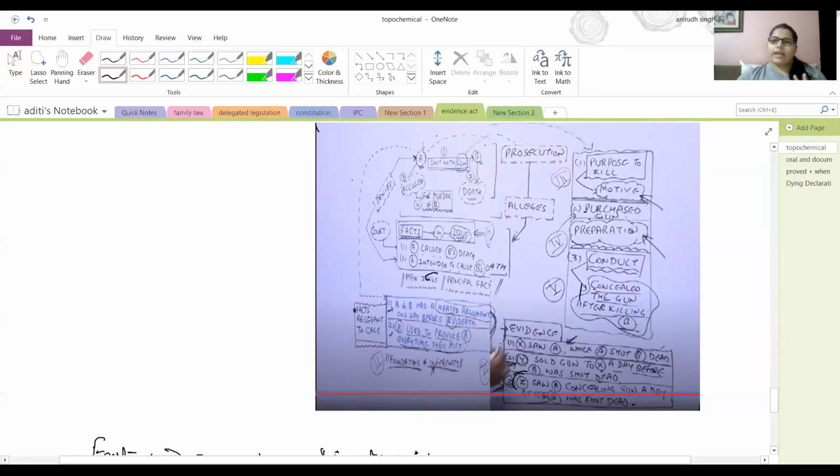They will be alleging two things. Firstly, that A has murdered B, and secondly, that A had the intention to kill B. So these two things are the main issues in this particular case. They are the principal facts in this case. That is why they are called facts in issue.